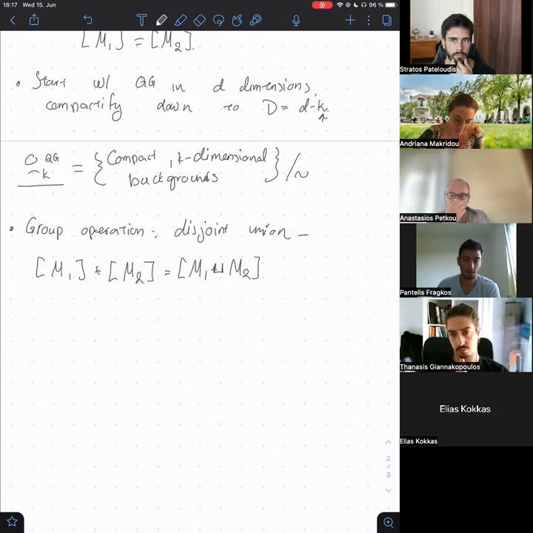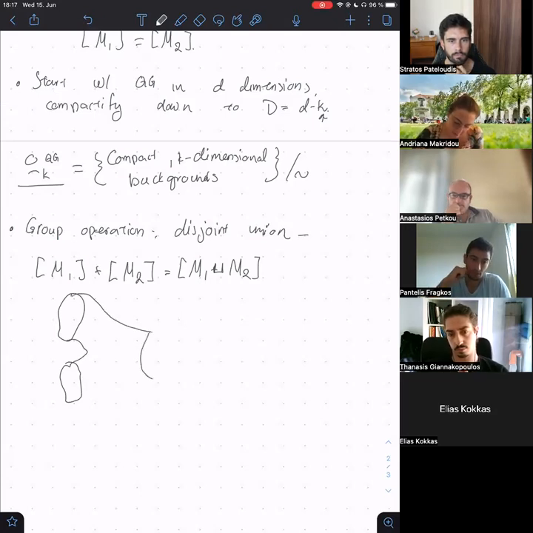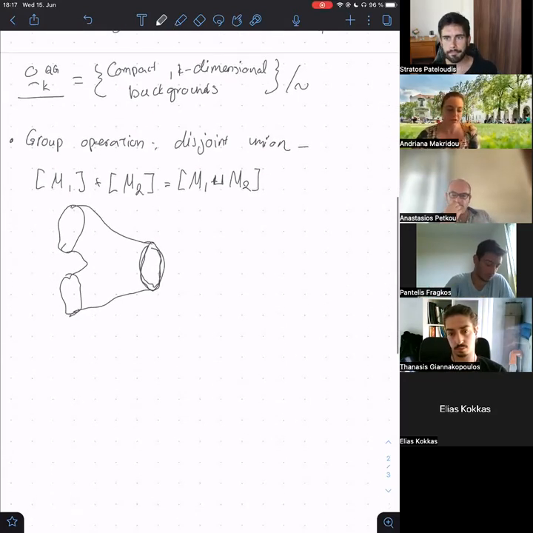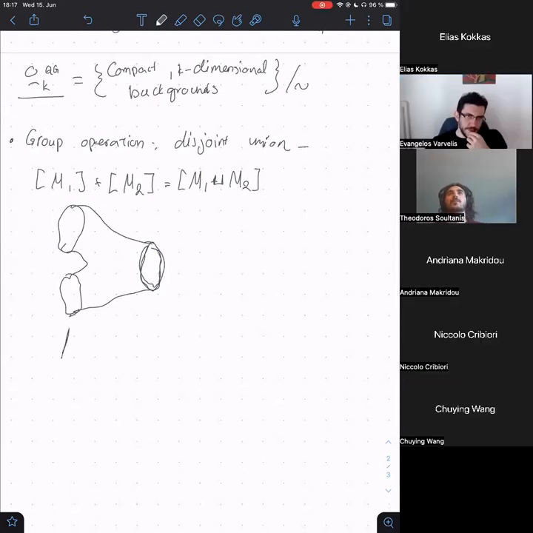You can think of some theory compactified on this manifold, let's say it's a Calabi-Yau, and some other theory compactified here, and then this is cobordant to a different theory compactified on a different manifold of the same dimension, and this corresponds to some kind of domain wall between the theories.